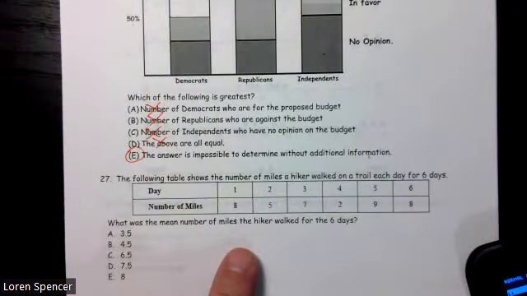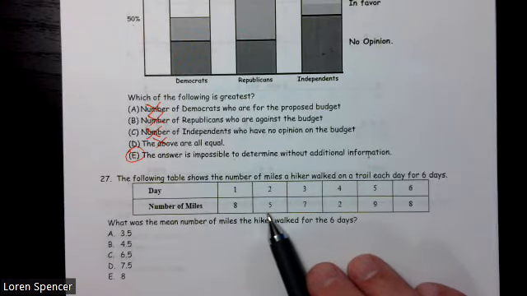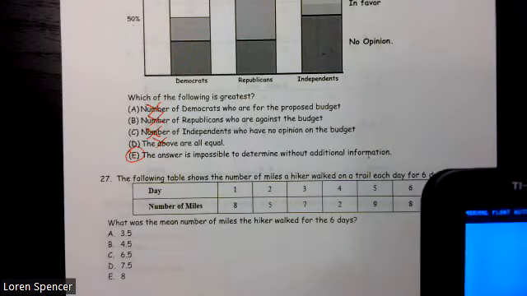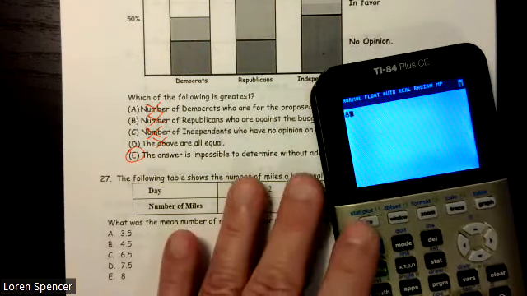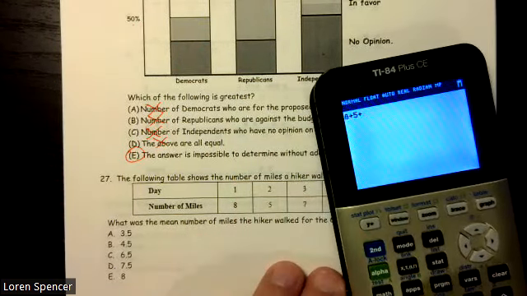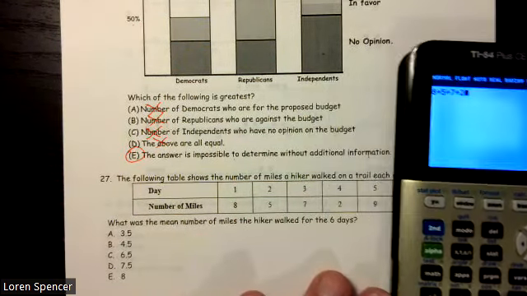Oh, no, I don't even have to do that. Excuse me. I just need to ask for the mean. I just need to add those up and take the average. So basically, 8 plus 5 plus 7 plus 2 plus 9 plus 8.